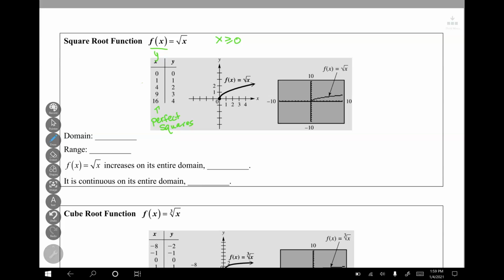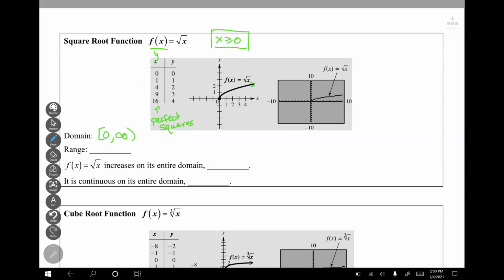The domain, going from left to right, if you look at the graph, starts at 0, goes off to infinity with this arrow. So there's the domain, exactly what we expected it to be, greater than or equal to 0, because of that square root.